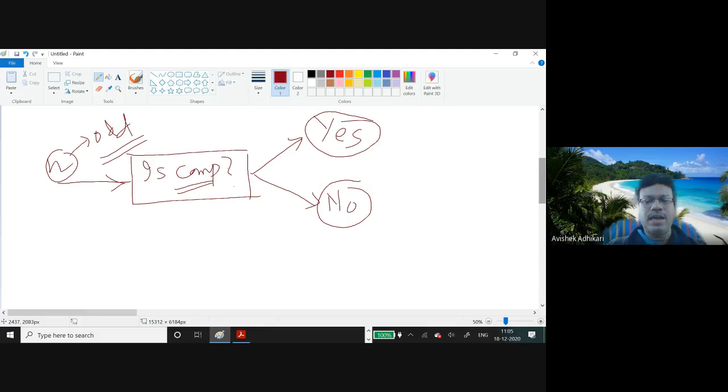But we have already given the result that even if it gives you no, the probability of giving that bad answer, that means a wrong answer, is very small. And we have shown that you can run your program maybe 100 times to make sure that your answer is almost correct. That means the probability of error could be half to the power 100 if you run the algorithm 100 times.